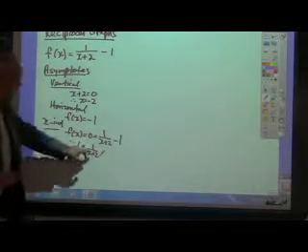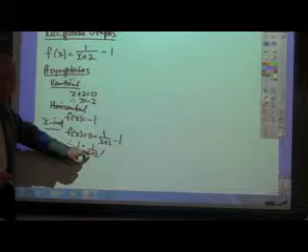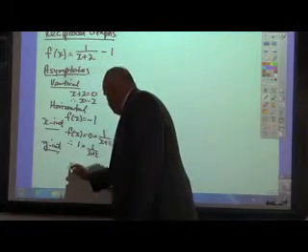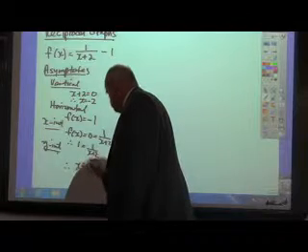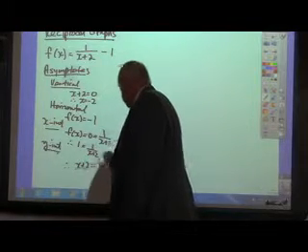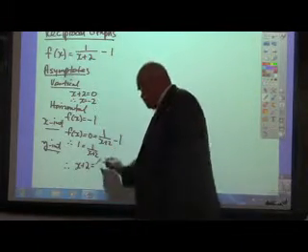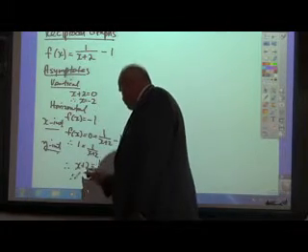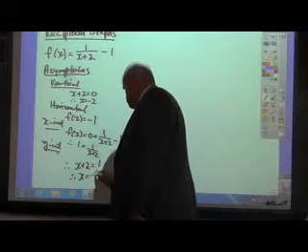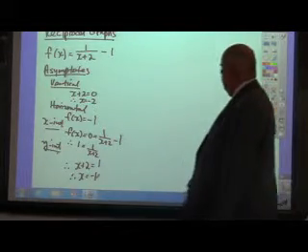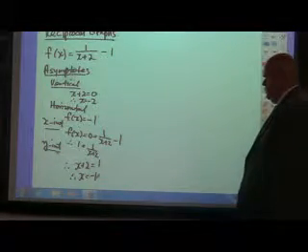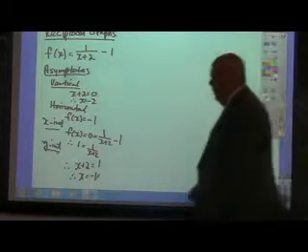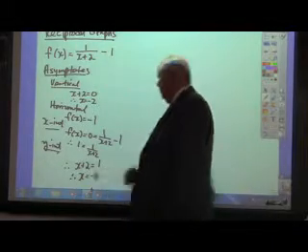And by cross multiplication, I can just swap the x plus 2 with the 1 on the left hand side. So we get x plus 2 equals 1 over 1. Well, that's just 1, isn't it? And then we would subtract 2 from both sides. x equals minus 1. So there's an x-intercept at x equals negative 1.